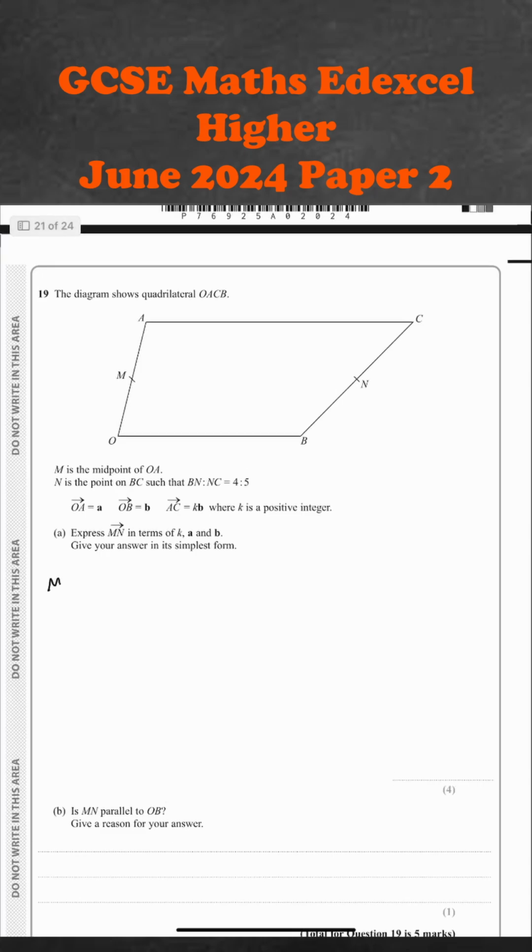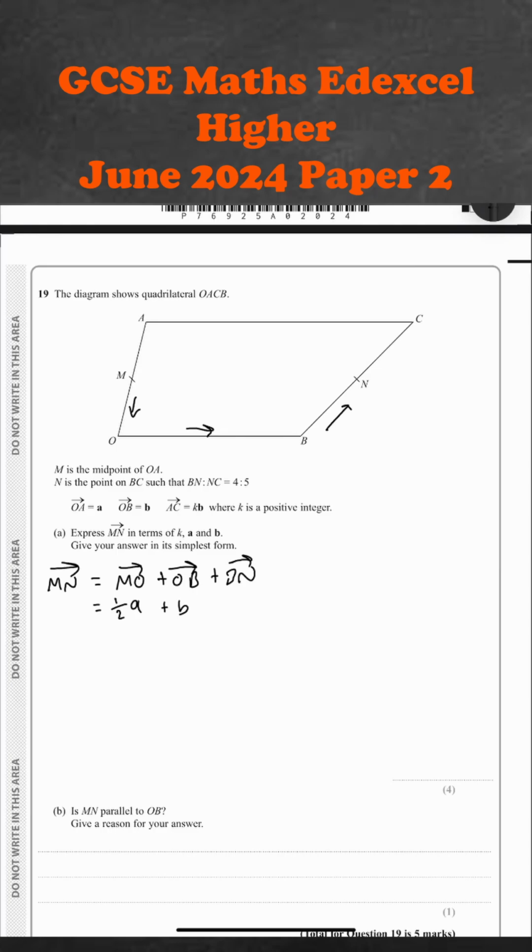So MN, if we were to follow the trail around, is going to be MO, this bit, plus OB, this bit, plus BN, this bit. Now, MO is halfway between OA, so that's going to be half of small a.